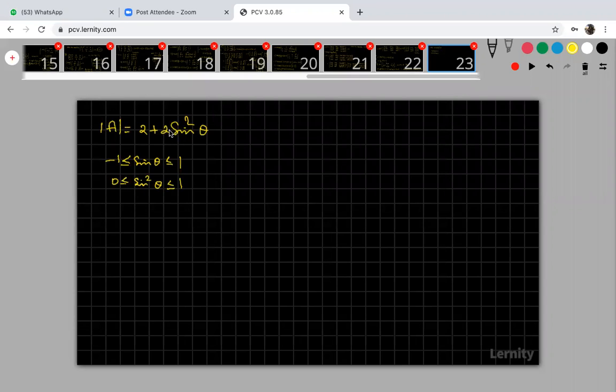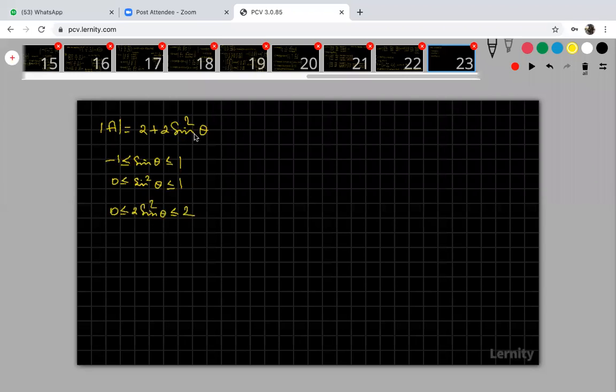But what I need is 2 sine square theta. Multiplying by 2, we get 0 less than or equal to 2 sine square theta, less than or equal to 2.